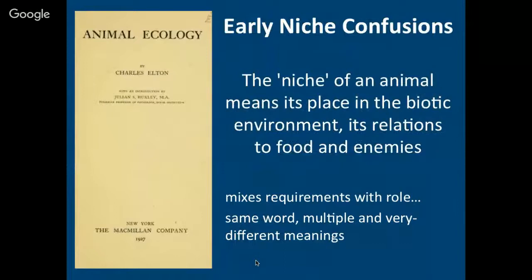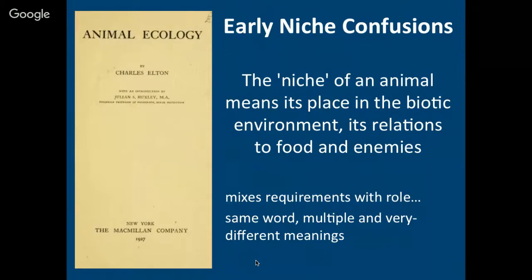Now, this word niche perhaps was too useful for its own good. And so by 1927, in a book called Animal Ecology, Sir Charles Elton writes a very different meaning of the word niche. Remember, the Grinnellian version of niche was the requirements of the species in terms of environment.